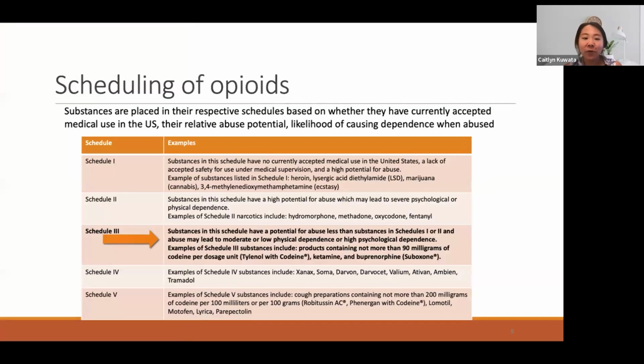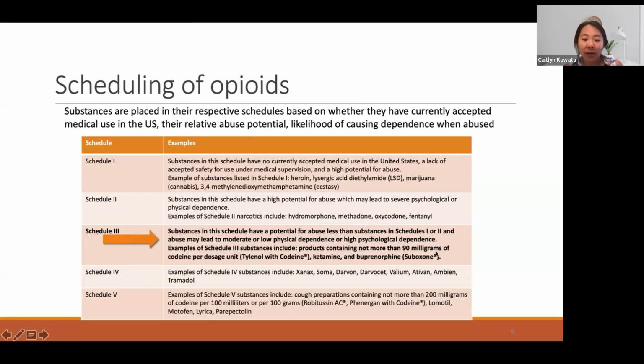So just a quick review of scheduling of opioids, because I think it does play into how we think about the safety of medications, right? Scheduling is done as a way to help stratify the likelihood of a medication causing dependence when abused, or relative abuse potential. So you have Schedule 1 through 5. Most commonly, we think of Schedule 2 medications as our prescribed opioids, so hydromorphone, methadone, oxycodone, fentanyl.